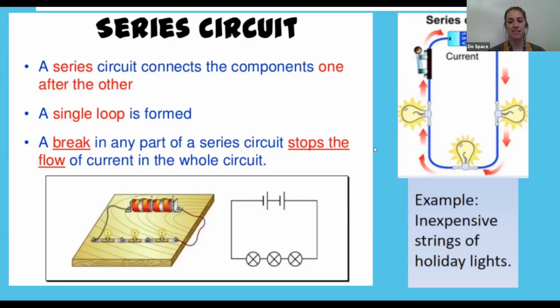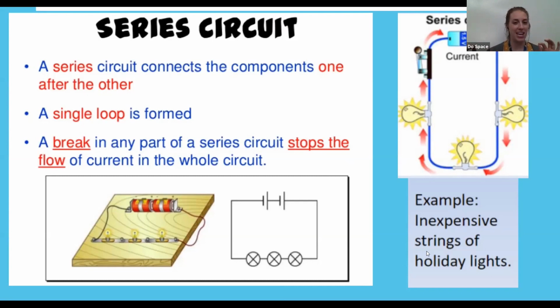An example of this is inexpensive or old strings of holiday lights. If you were to get cheap holiday lights, or old school ones from maybe 30, 40 years ago, a lot of those were set up in series.